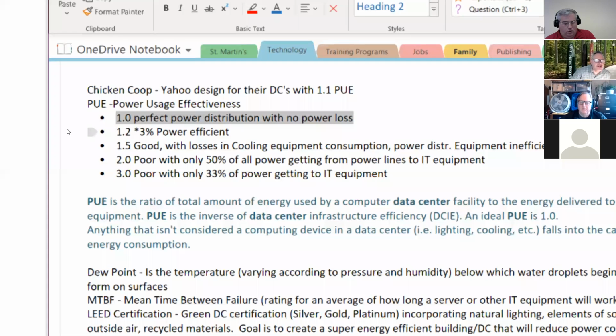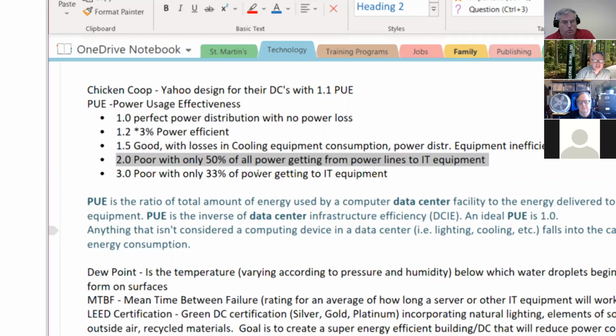Even just 5 years ago, 1.5 was good. 10 years ago, 1.5 was very good, and 2 was even still pretty good. But what 2 means is that now that's poor, because only 50% of all the power getting from the power lines goes to your IT equipment.